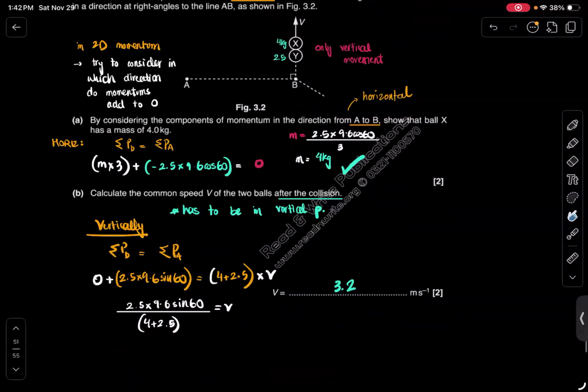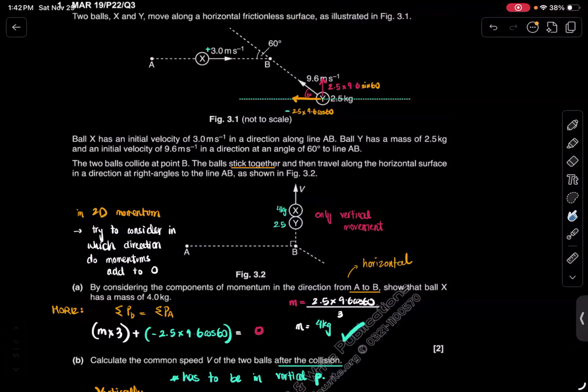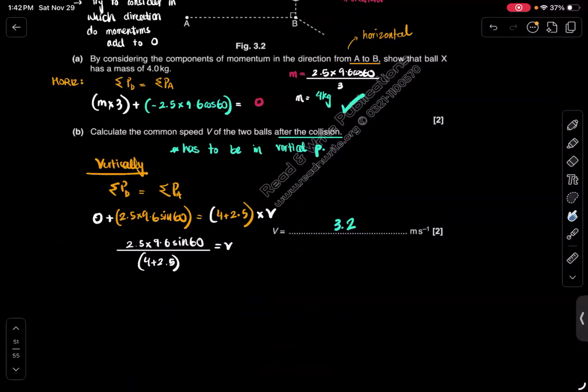In this difficult example, I'm sure you've learned the law of conservation of momentum, the directions, vector resolution, and how to carefully choose the components to make my working pretty simple. So that's the entire purpose of doing questions.